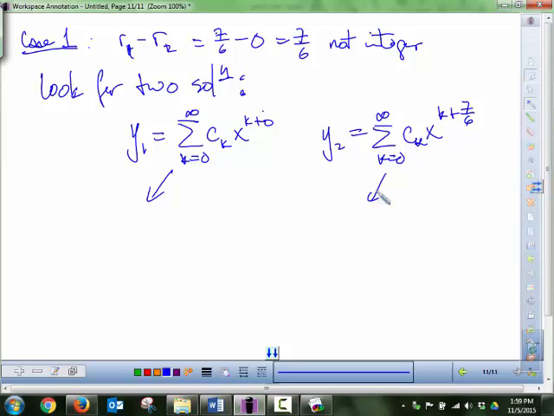And we have 1 minute left in class, so we're not going to finish this. All right, so this is the first step in Frobenius' theorem in solving for power series where we have regular singular points. So we'll pick this up next time. I'm going to finish this case 1.